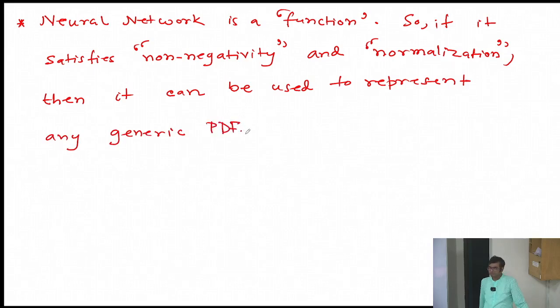Why any generic PDF? Because with change of theta, the function will keep on changing. So what we are looking at is for any theta, not for a given theta, it is for any theta and any x. The output should always be non-negative. And for any theta and for all possible values of x, if I integrate over x, I should always get 1, which is basically volume preserving, right? The volume should not change.